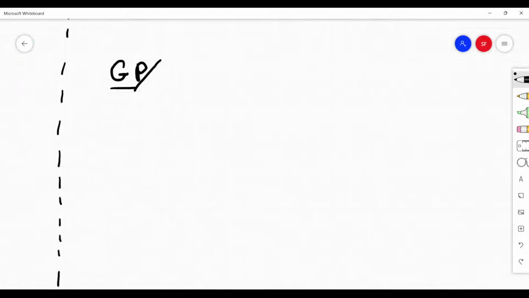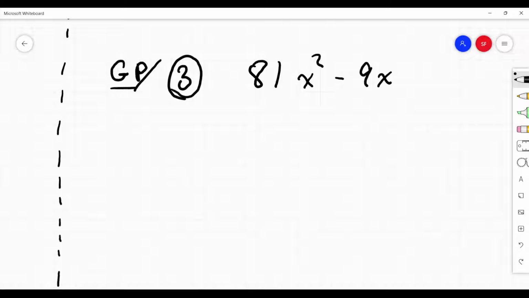Yeah, see? So guided practice 3. 81 x squared minus 9x equals 0.